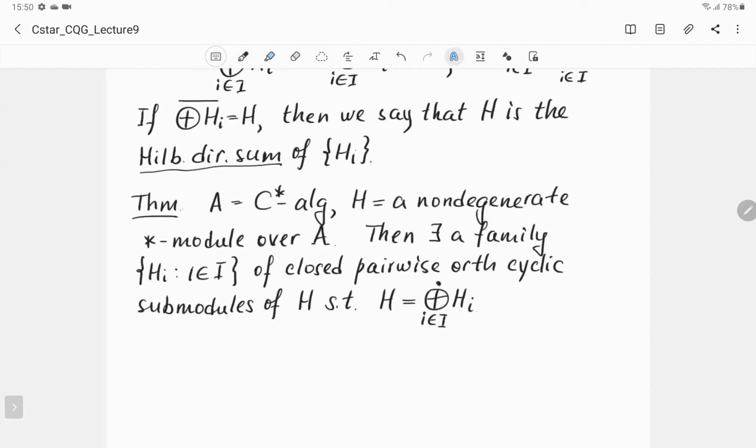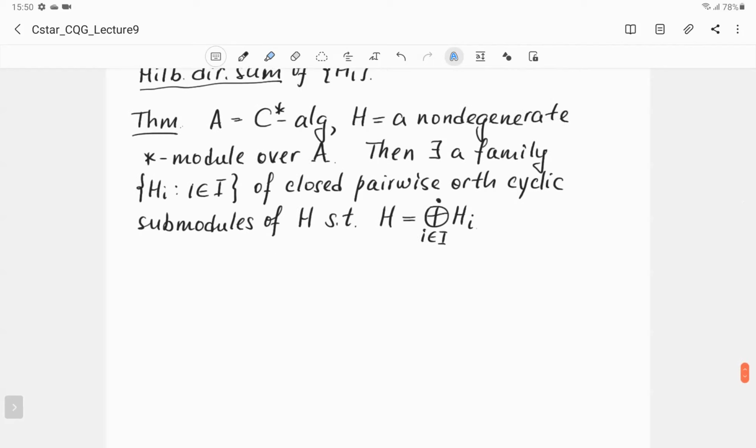So actually, this means that their algebraic direct sum is dense in H. The proof is a standard application of Zorn's lemma.